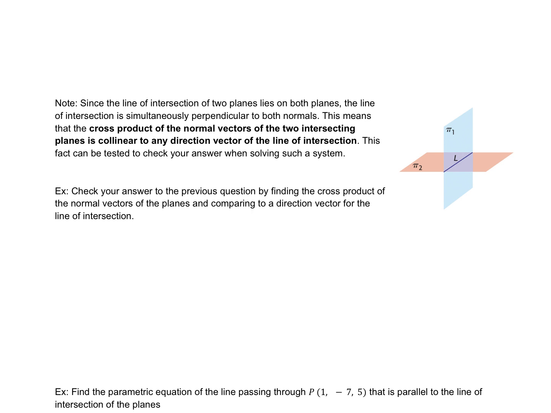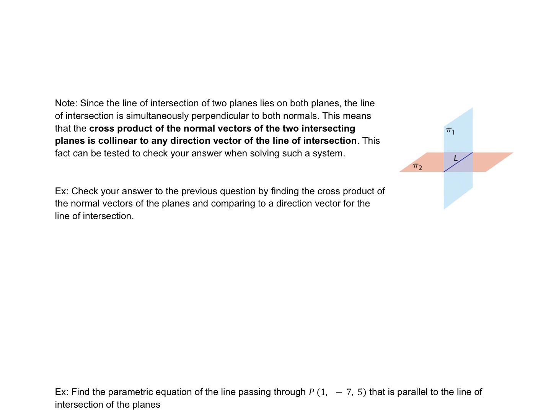Now, a little note. When you have planes that will intersect at a line, there is a nice little trick that we can use to check our work. Now, whatever the line of intersection is, this line exists on both planes, which means the normal of plane 2 will also be perpendicular to the line of intersection. And the normal of plane 1 will also be perpendicular to that line of intersection.